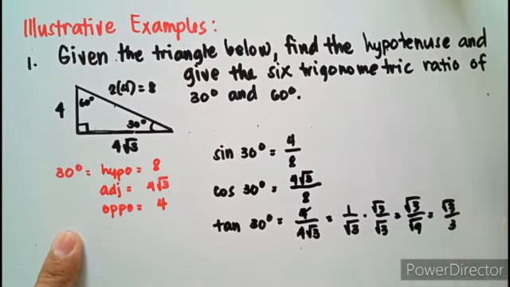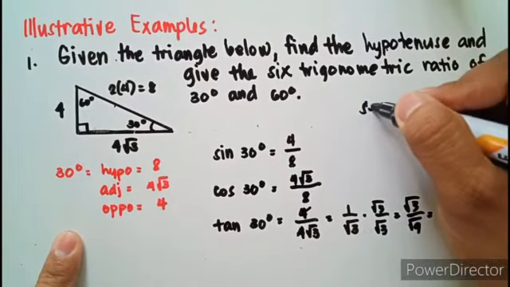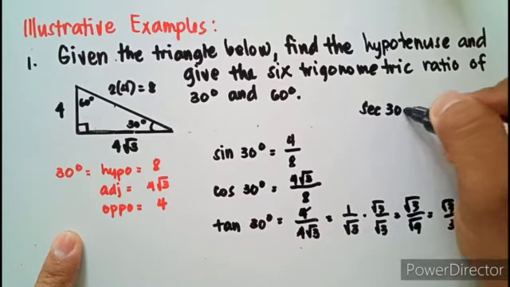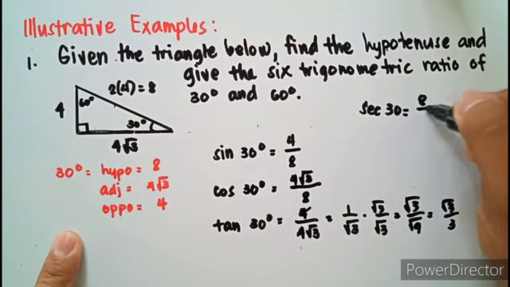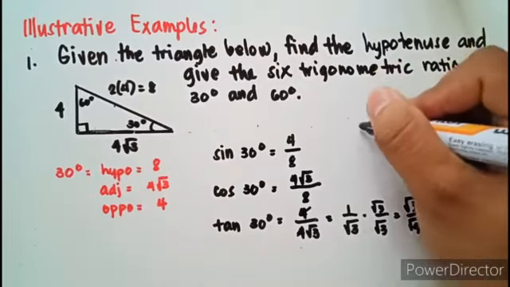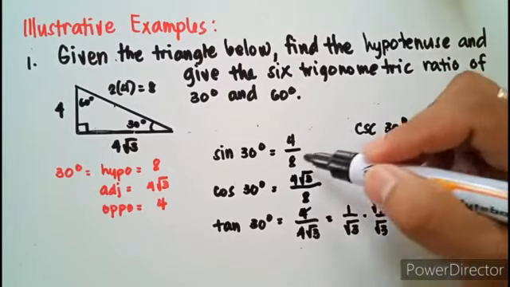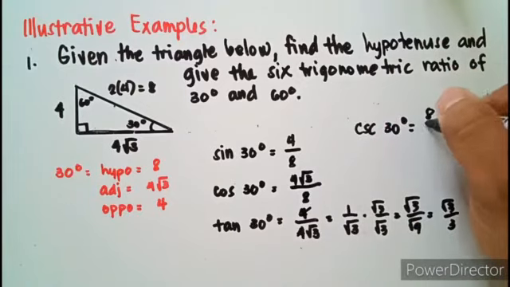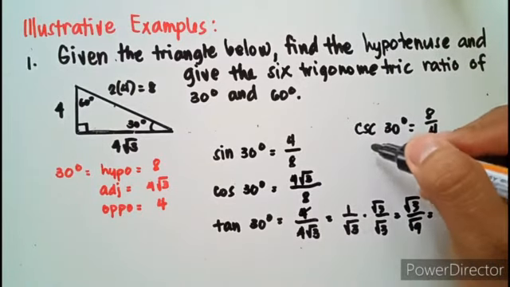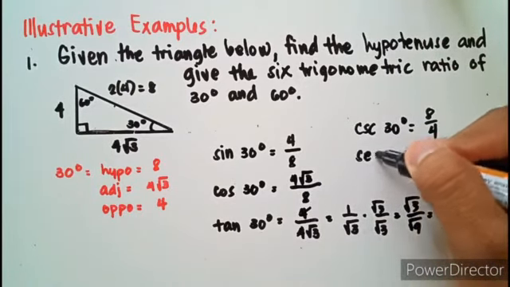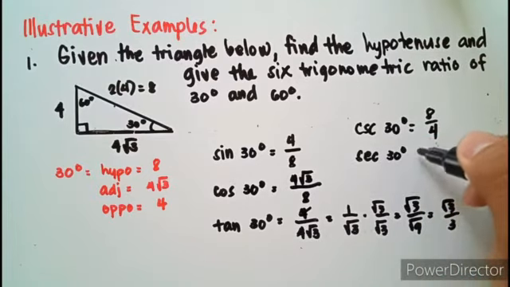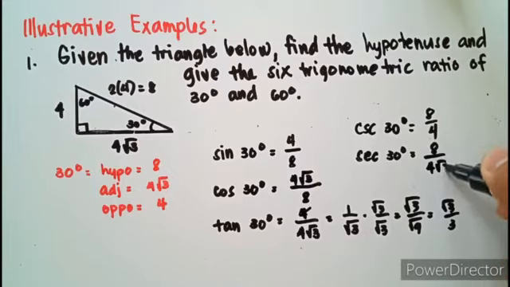Then for our secant 30 degrees, that is 8 over 4. For our cosecant 30 degrees, that is the reciprocal of our sine, so that is 8 over 4. Then for our secant 30 degrees, that is 8 over 4 square root of 3.